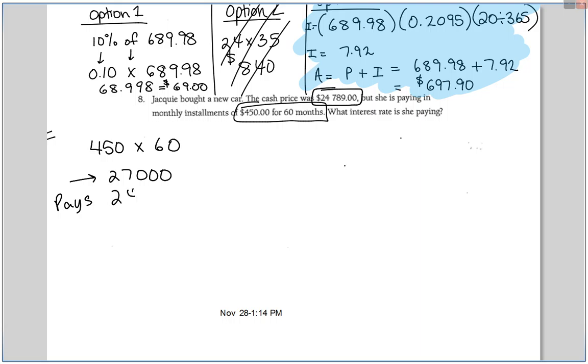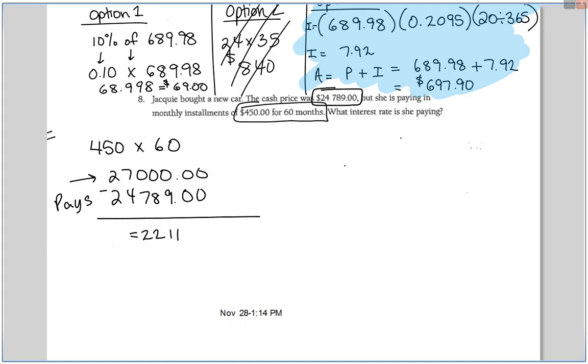24,789. Calculate the difference. That difference is represented by what letter? I, P, R, or T? $2,211.